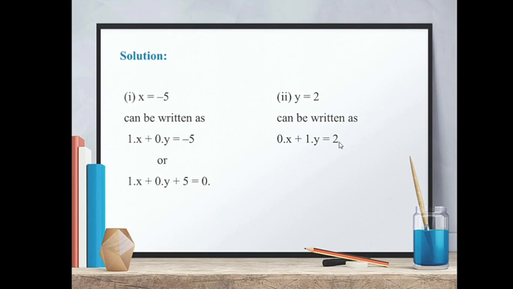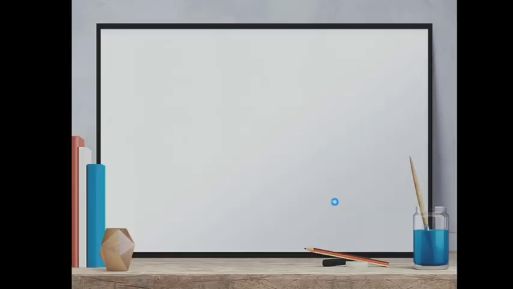So this can also be written as 0x plus 1y minus 2 equals 0. It means we have transferred this plus 2 to the left hand side, where it becomes minus 2. So this is how we have to write the given equation in the form of a linear equation in two variables.